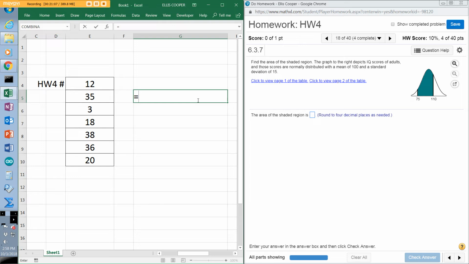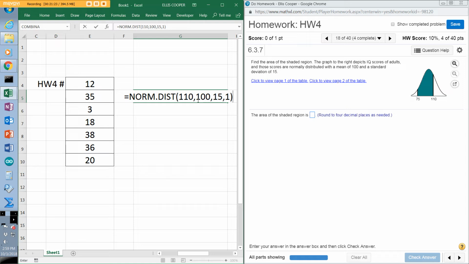So go equal NORM.DIST, open paren, at 110. And now we enter the mean they gave us, which was 100, and the standard deviation was 15. And we do a 1 at the right end.